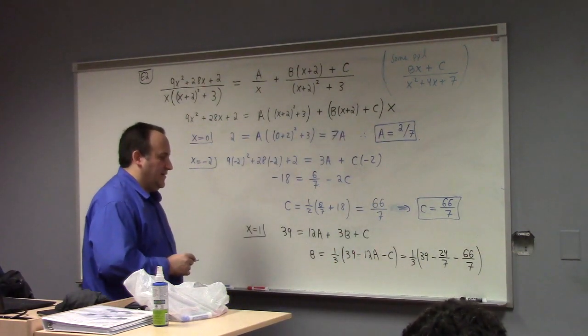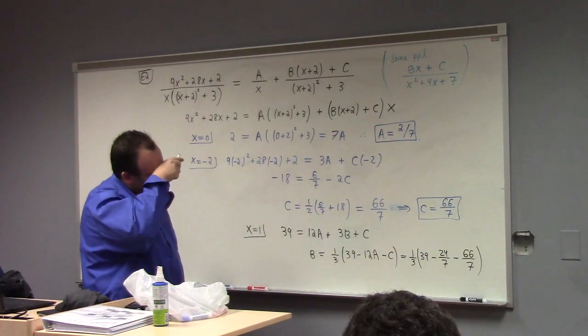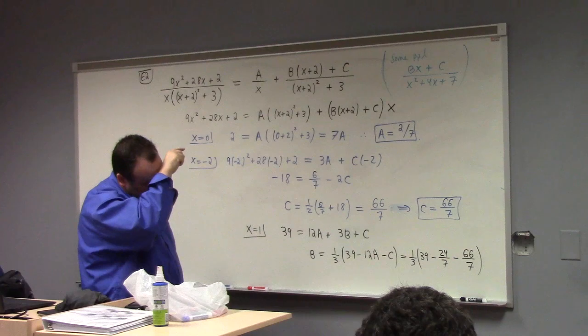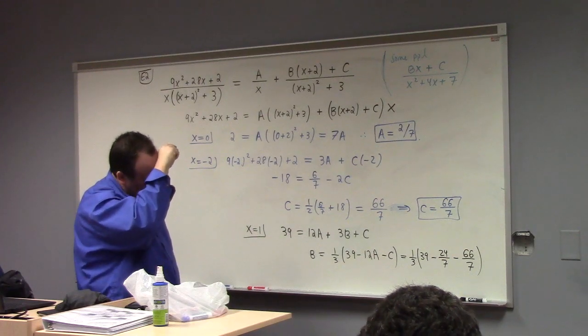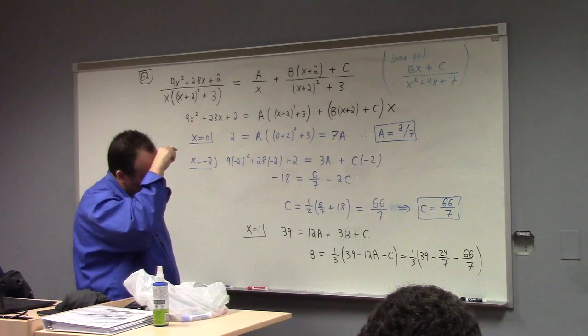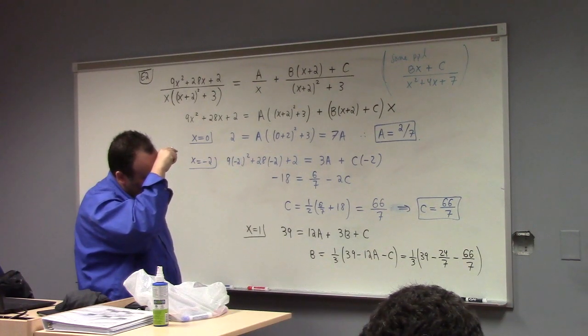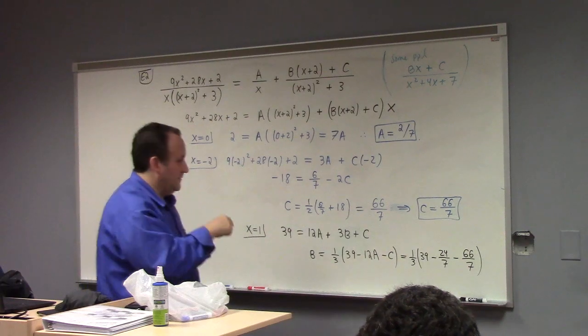Oh, you guys are going to make me calculate it, aren't you? 210 plus 63 is 273. 253, 252.